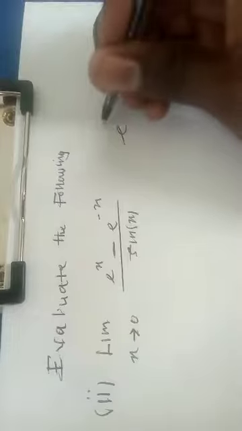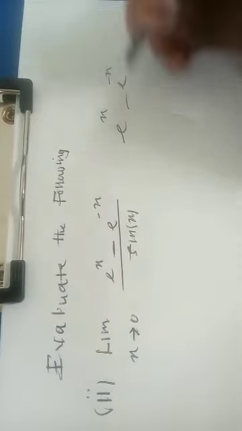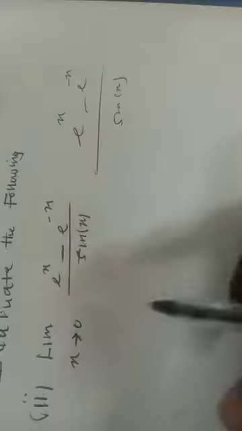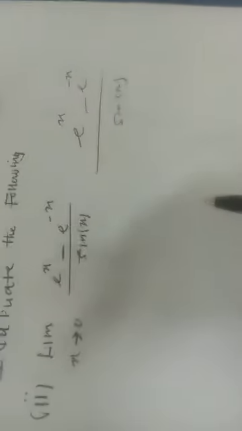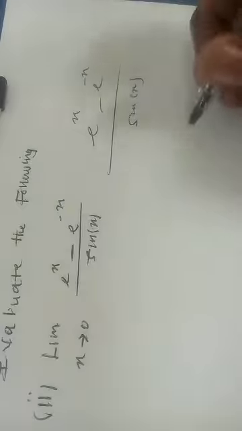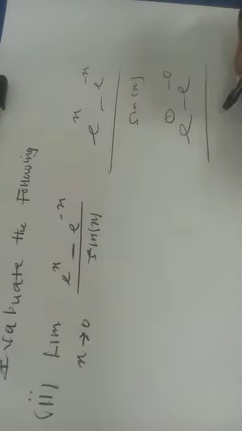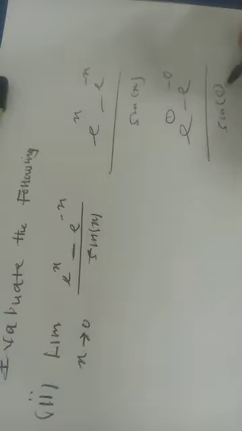For example, I've got e to the negative x, over sine x. Assume we replace x directly with 0. So if that is the case, I put a 0 there: e to the negative 0, and then sine 0.